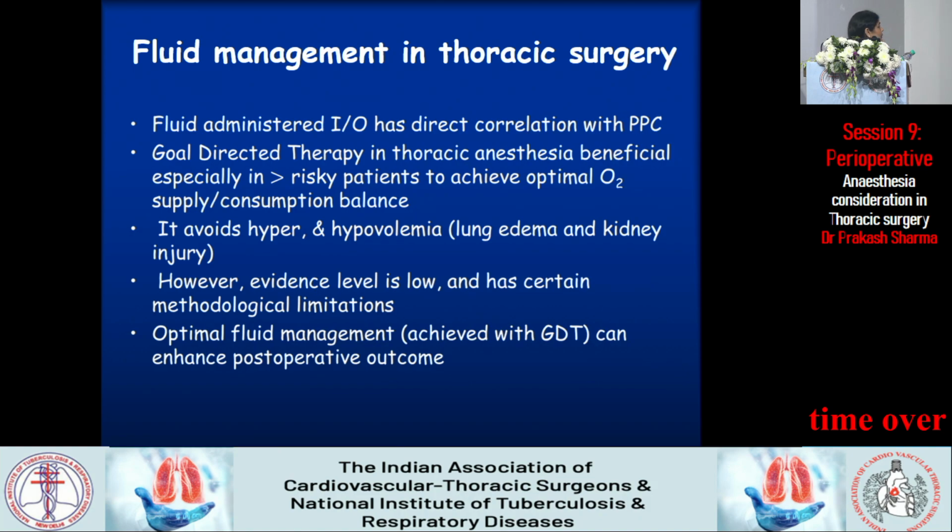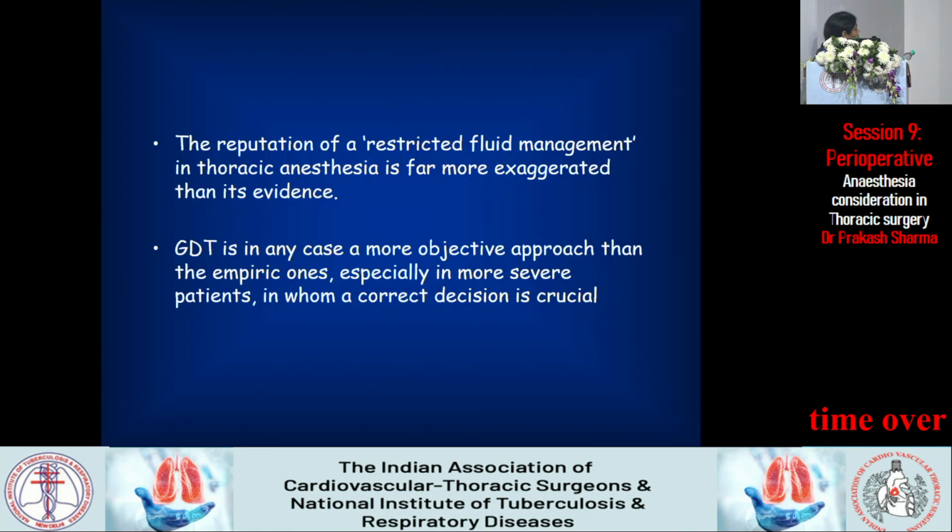It avoids both hyper- and hypovolemia, that is, lung edema and kidney injuries are avoided by it. However, the evidence is low and it has its own limitations. The reputation of restricted fluid management in thoracic anesthesia is far more exaggerated than its evidence, and goal-directed therapy in any case is a more objective approach, and this must be followed in patients who are very severely ill.